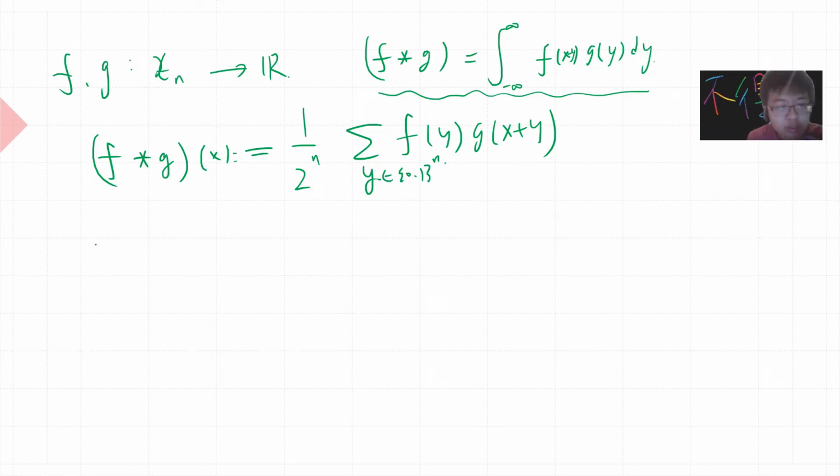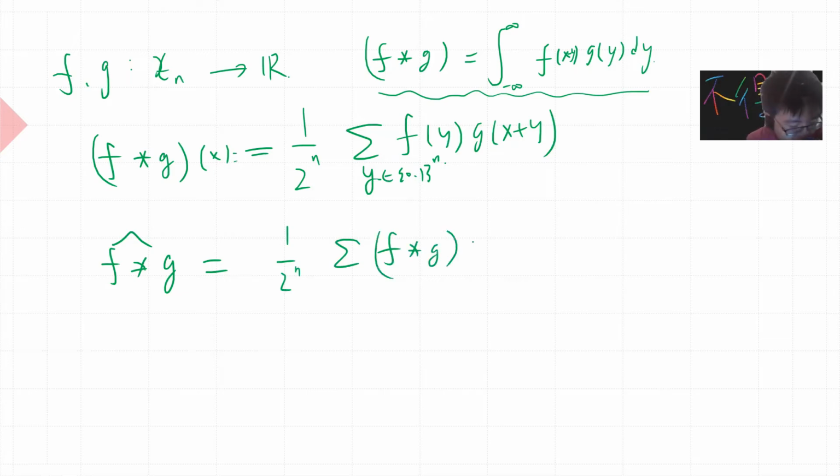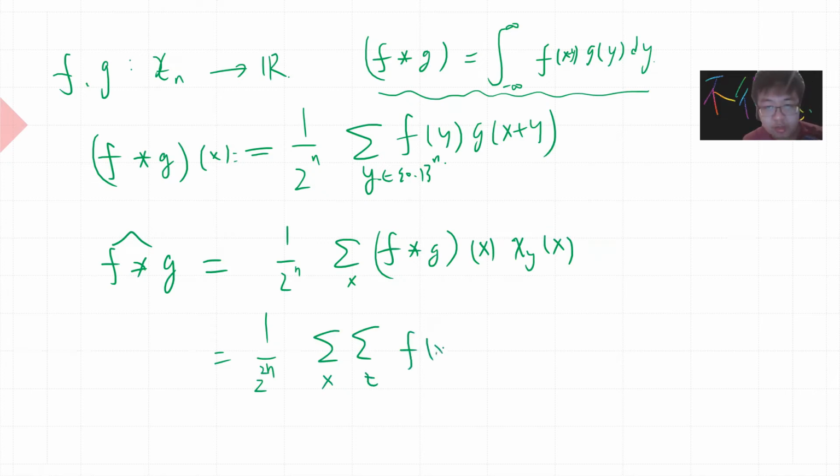So check that if I do the convolution, then I get the Fourier transformation of the convolution, which is 1 over 2^n, sum over x and z of f(x plus z) g(z) chi_y(x).